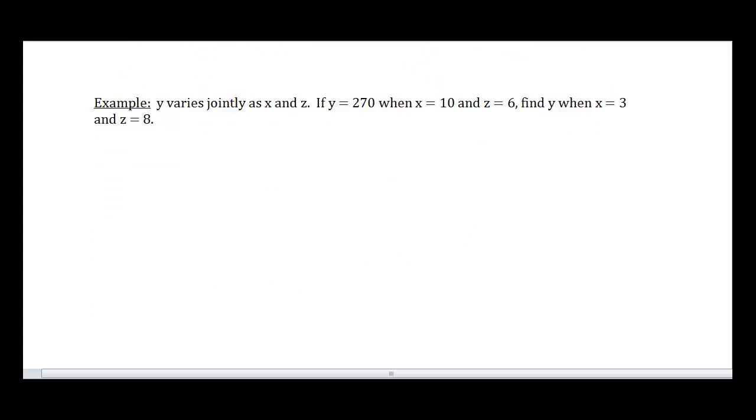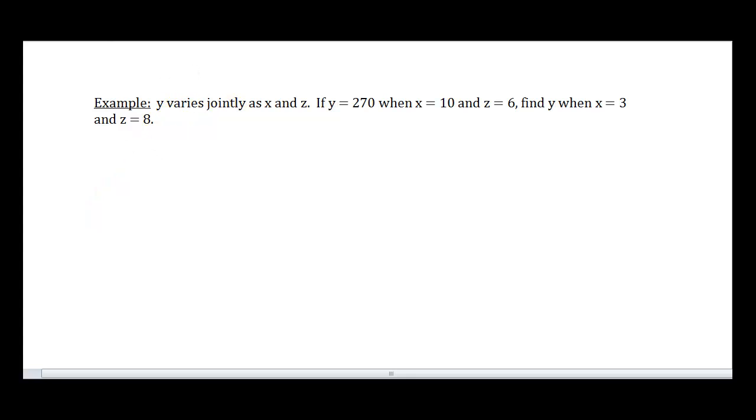And this is one that has joint variation. And joint variation is a little different because it involves actually more variables. All right, it says Y varies jointly as X and Z. So one thing, for one, that tells me the type of variation I'm going to have.